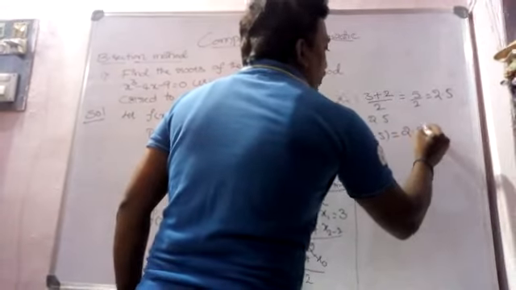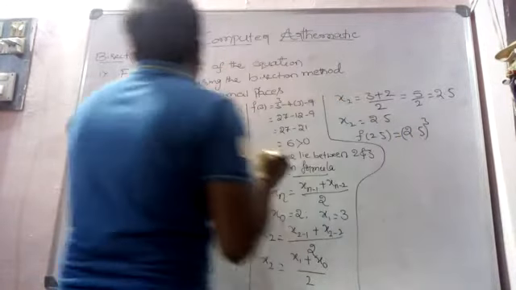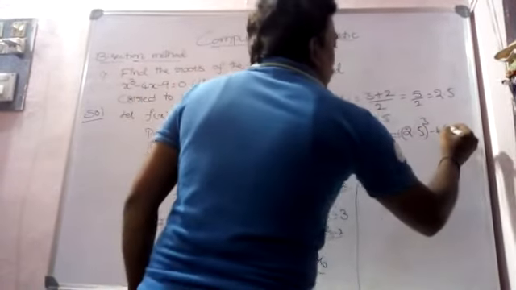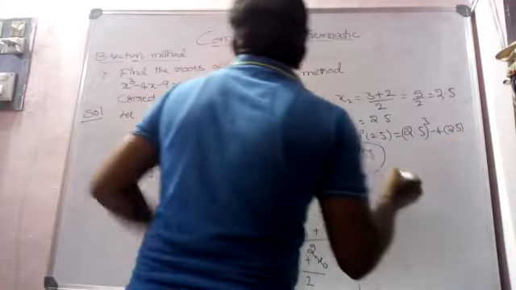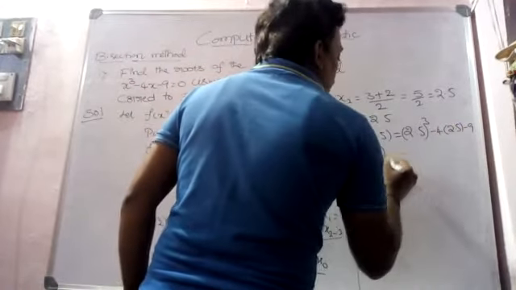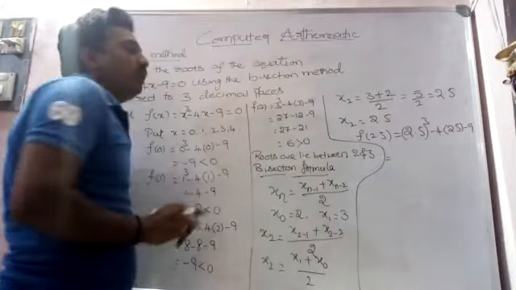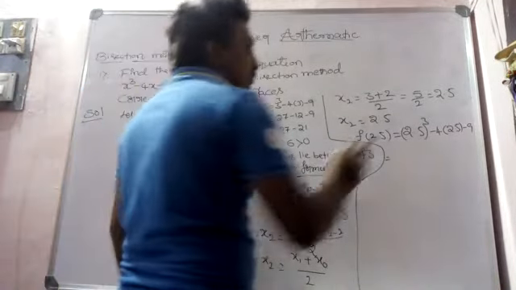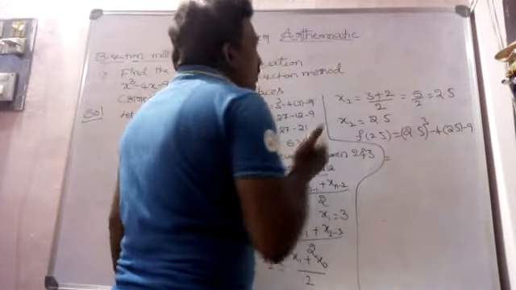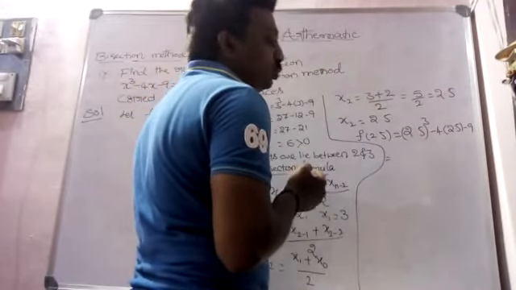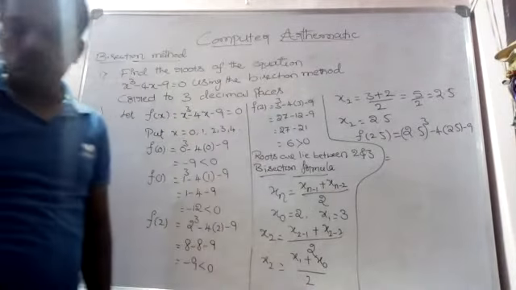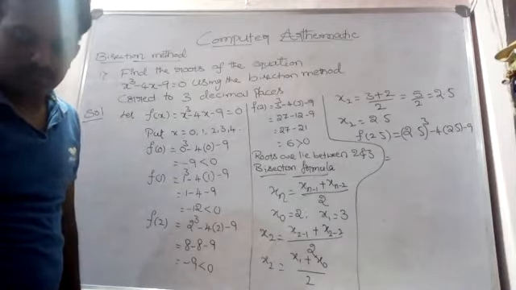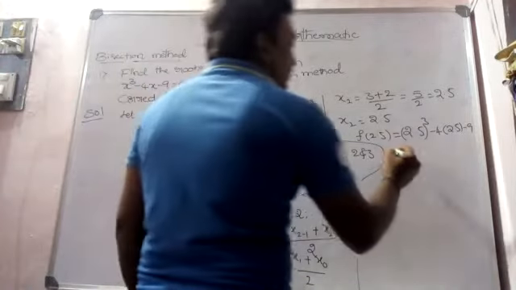This is 2.5 whole cube minus 4 into 2.5 minus 9. What is 2.5 whole cube? 2.5 into 2.5 into 2.5. That value is 15.625.